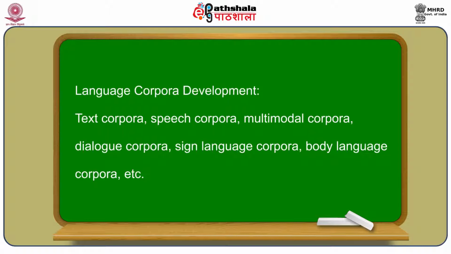Not only text corpora, but speech corpora, multimodal corpora, dialect corpora, sign language corpora, and body language corpora of various types need to be developed for all the Indian languages, of various types, various content, various structure, for various types of research work.